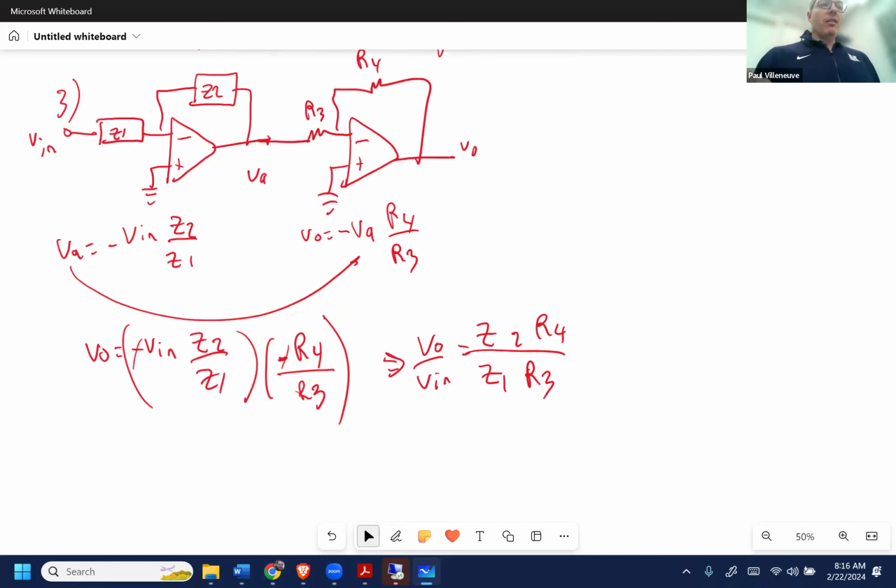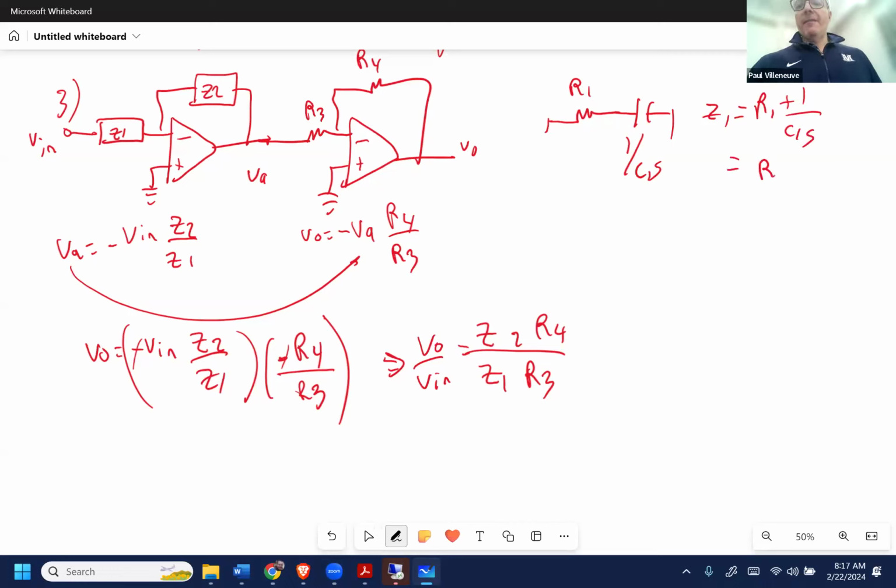So my Z1, R1, what is a capacitor equivalent to in the Laplace domain? So Z1, which is the equivalent impedance looking across those two, is going to be equal to R1 plus 1 over C1S. And then I just put that under a common denominator, just to make it a little easier.